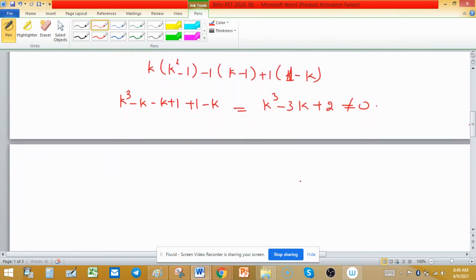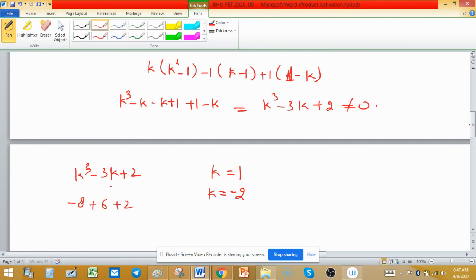So which roots satisfy k cube minus 3k plus 2 equals 0? k equal to 1 and k equal to 2 are satisfying this. k equal to minus 2 also, because this becomes minus 8 plus 6 plus 2.